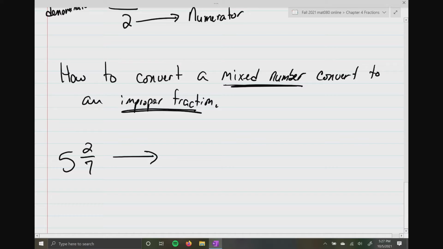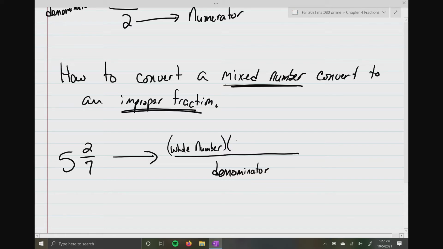And the way to do this is just follow this formula here. So, your denominator stays the same. That's not going to change. Then in your numerator, here's what you got to do. We're going to take the whole number, and we're going to multiply that by the numerator. Oh, sorry. No, don't write that down.